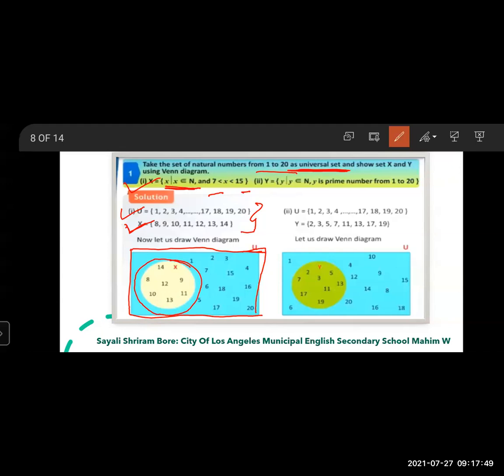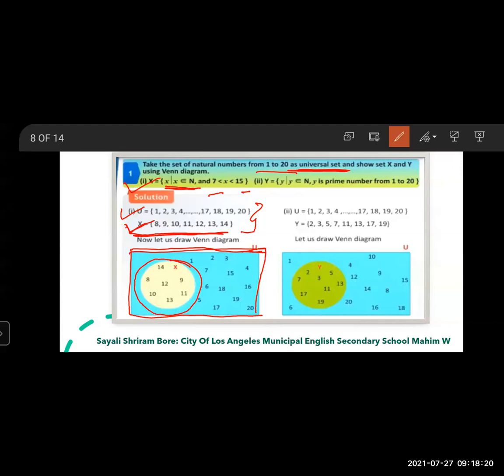In that rectangle, one set that you have to show is the set X. You can take a square, or a circle, or a triangle to represent it using a Venn diagram. And whatever elements are there apart from X, that you show outside the circle. Why? Because they are in the universal set.